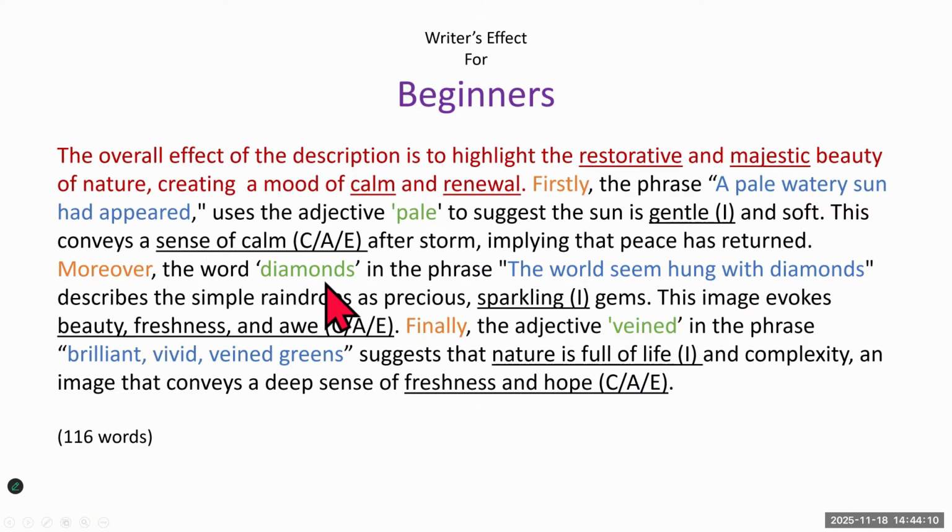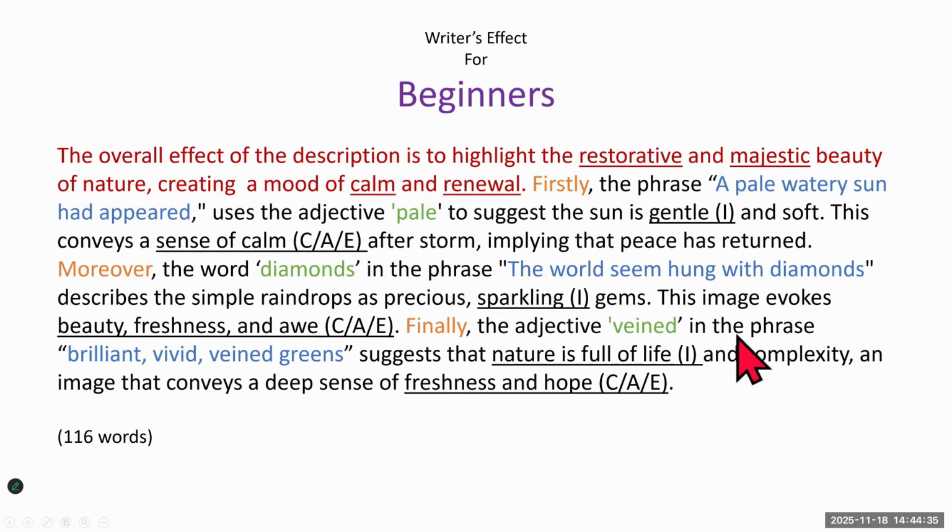Moreover, the word diamonds in the phrase, the world seemed hung with diamonds, describes the simple raindrops as precious, sparkling gems. So that's the implicit meaning. This image evokes beauty, freshness, and awe. So we have CAE, connotation, association, effect.